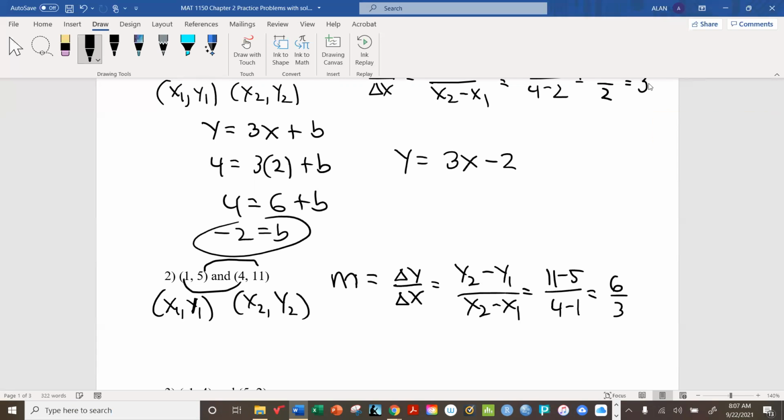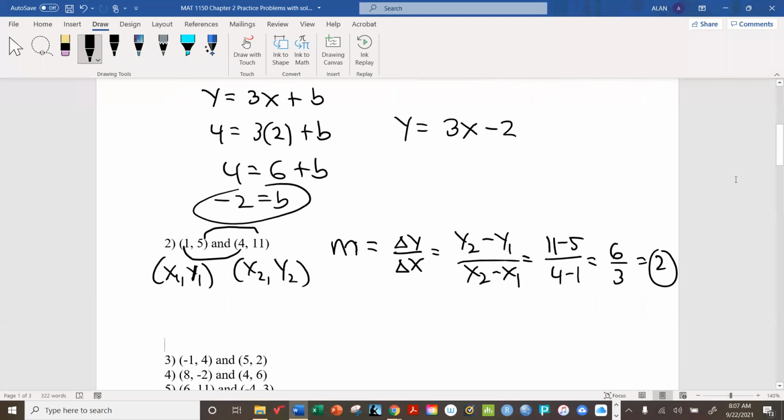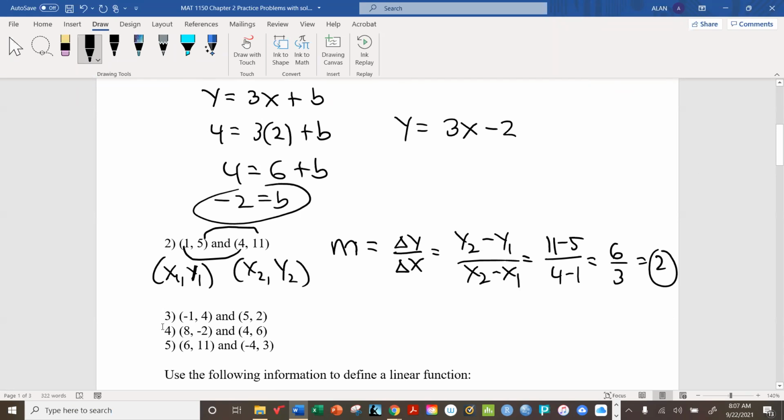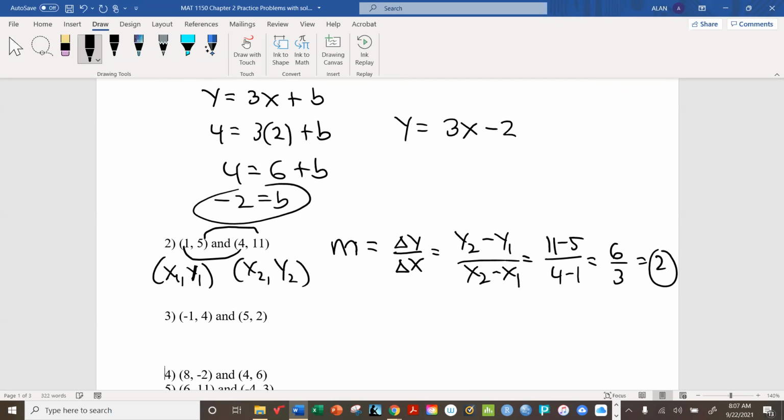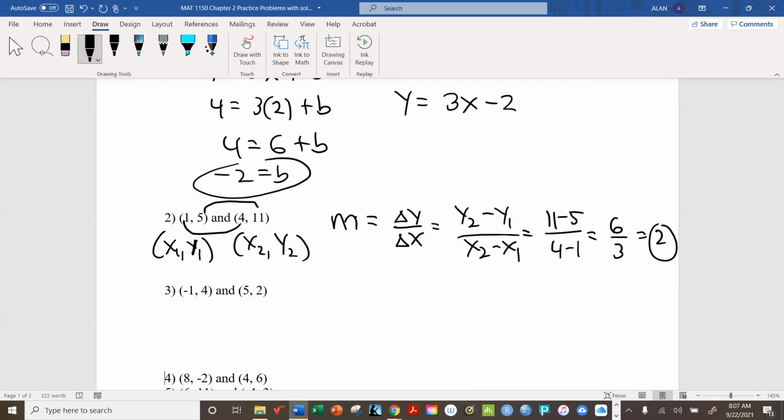We have 6 over 3, which is 2. Very nice. And they're all exactly the same, at least in this section. All right, and you have to be a little careful. It's easy to make mistakes with negative numbers. Just always remember that when you subtract a negative number, what you are doing is in effect adding.